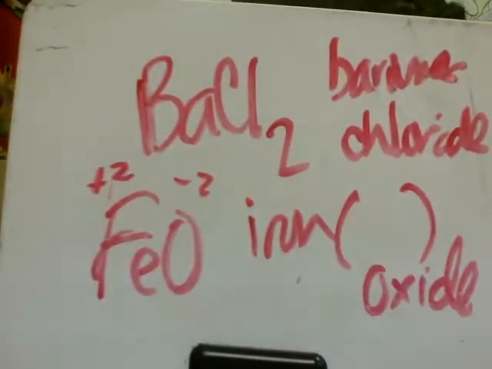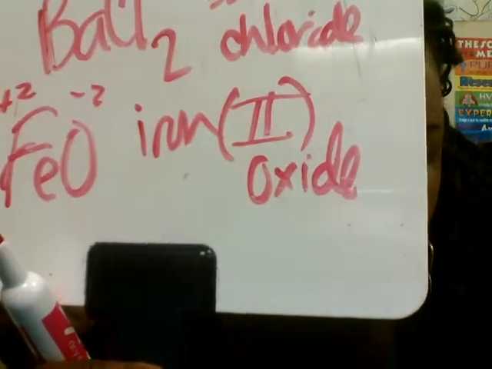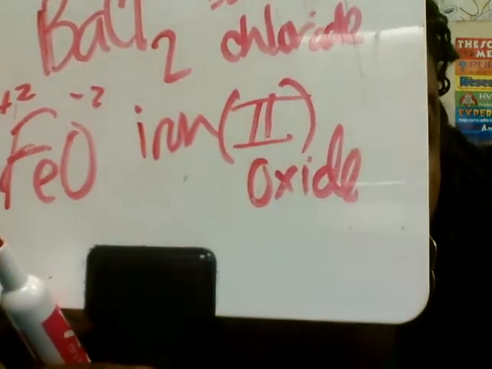Are you thinking about it? Did you already answer out loud? Hopefully you did. It is a +2. +2 cancels out a -2. So in our parentheses, we're going to put Roman numeral 2. So this is iron(II) oxide.